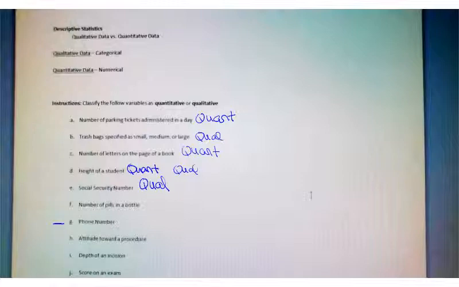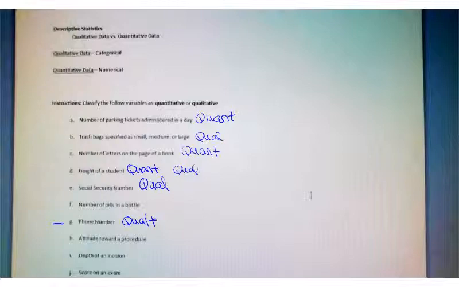Jumping down to G then, a phone number. Even though it's numerical, I understand it's not being used in a quantifying manner. So this is actually qualitative data. The only thing the numbers do is distinguish one line from another. Would it really matter if you had a phone number or phone symbols, if you will, triangles and circles and squares?